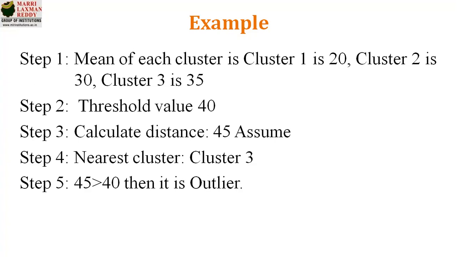And in step 5, we need to compare the distance value with the threshold value. That is, 45 is compared with 40, and because 45 is greater than the threshold value, that is 40, it is considered as an outlier. So in a real scenario, the same algorithm will be implemented whenever you have some data points, and using this algorithm we can easily say what is an outlier and what is not an outlier.